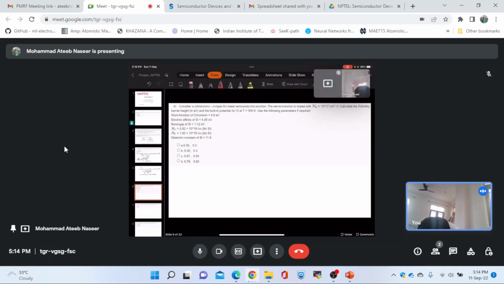So if this is the Fermi level and this is the conduction band, it will simply be equal to q phi B.